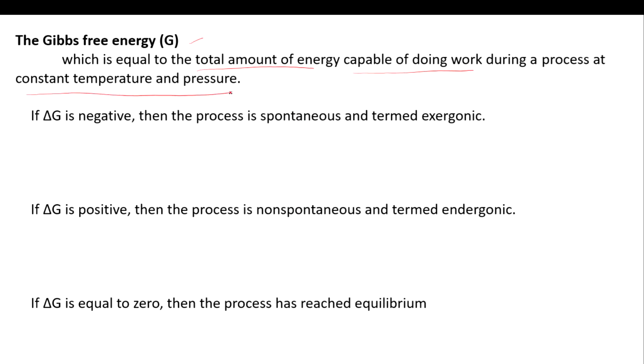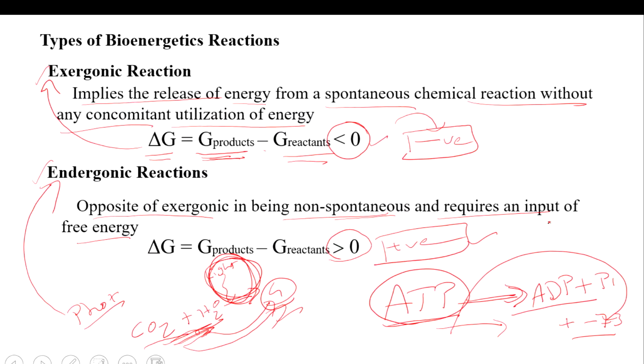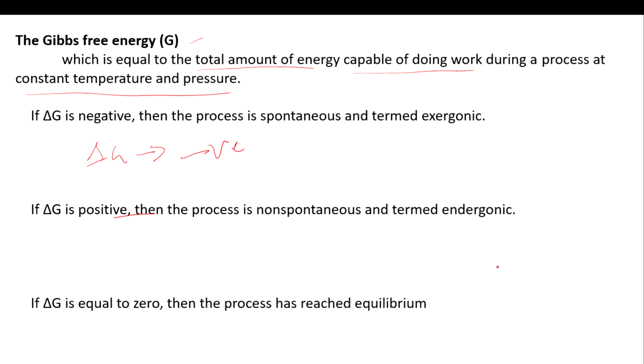If delta G is negative, as we have already seen in the last slide, it is called exergonic. If delta G is positive, it is endergonic. If it is negative, the reaction is spontaneous and termed exergonic. If positive, it is endergonic. If it is 0, the process has reached its equilibrium.